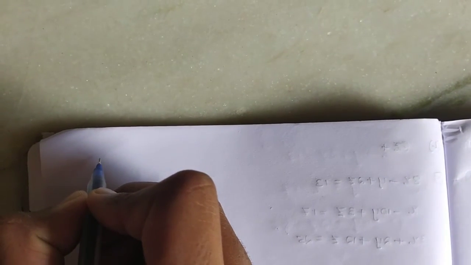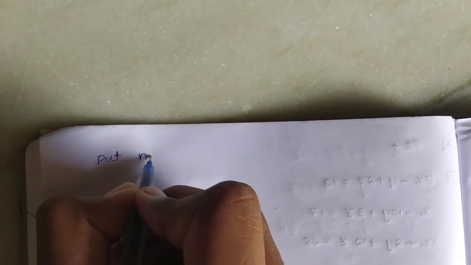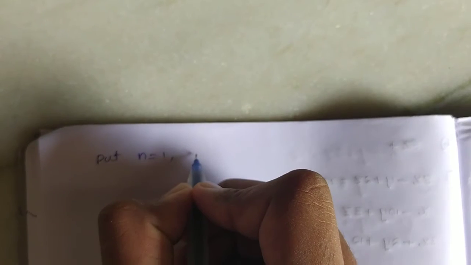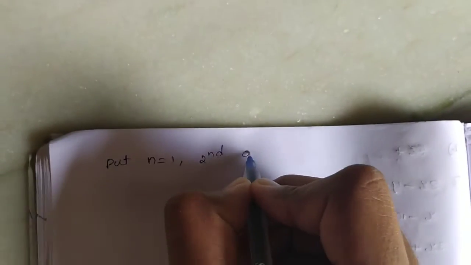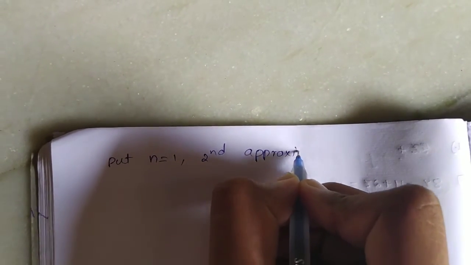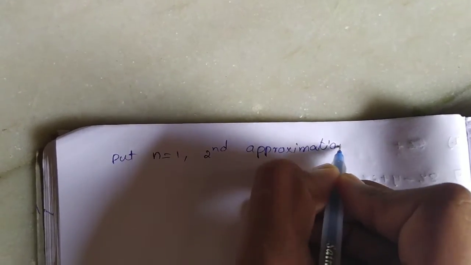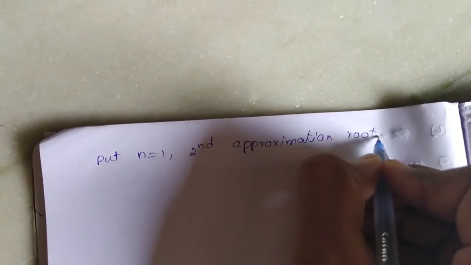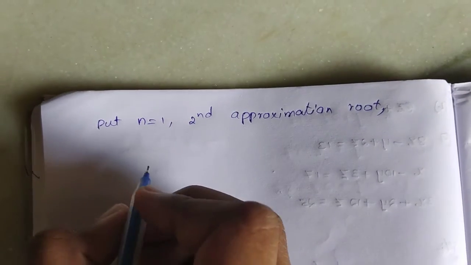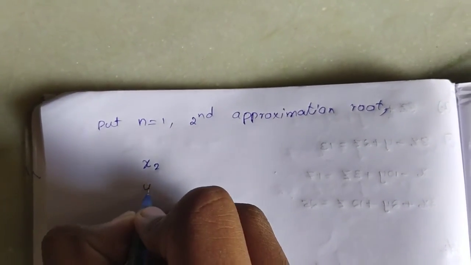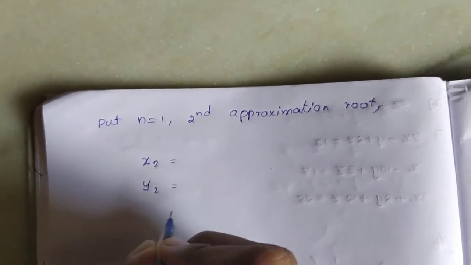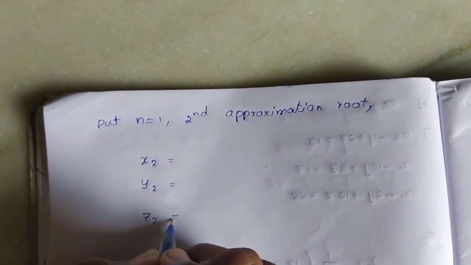Similarly, if we put n equal to 1, we obtain the second approximation root, that is x2, y2 and z2.